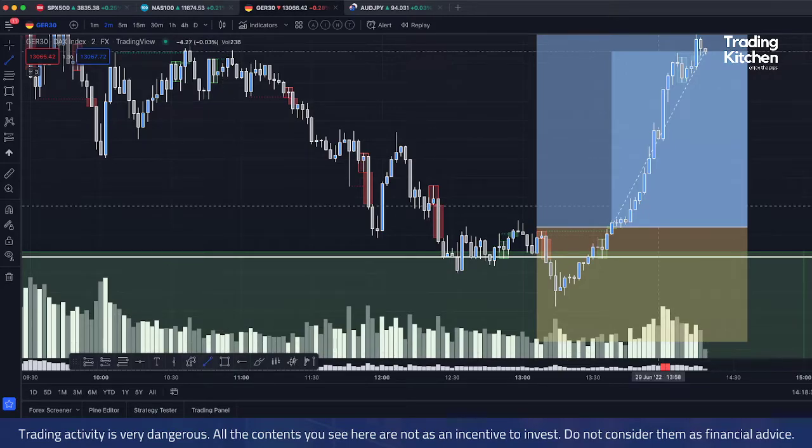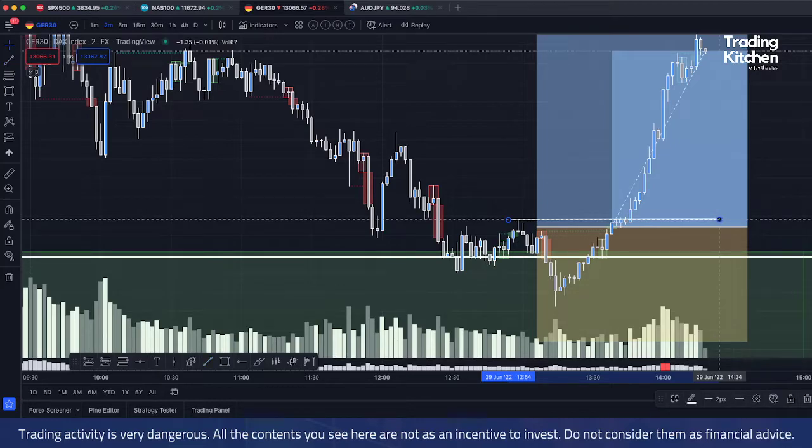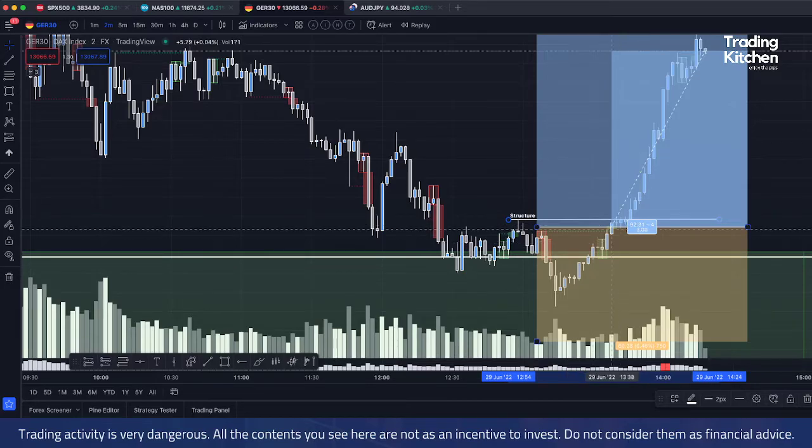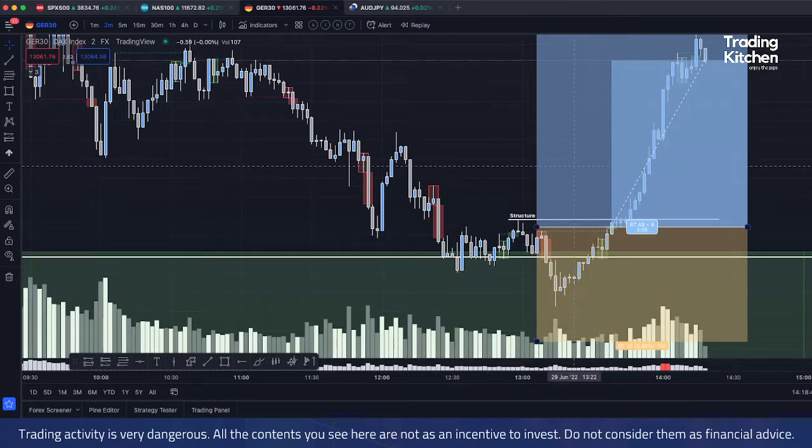So when I see this breakout, here in green, I immediately enter here.